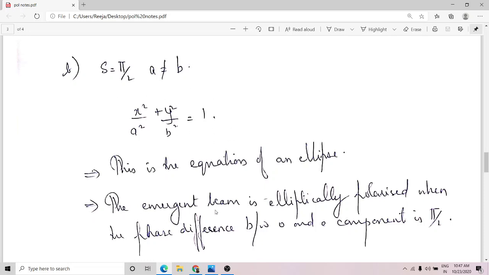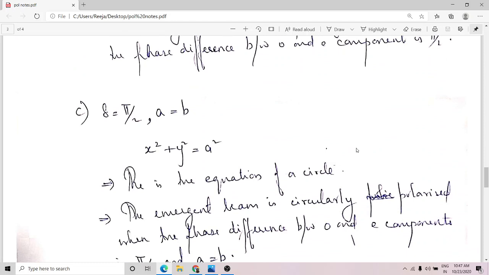The vibrations of the emergent beam will be along an ellipse, so the emergent beam is elliptically polarized when the phase difference between the O and E components is pi by 2 and their amplitudes are not equal.